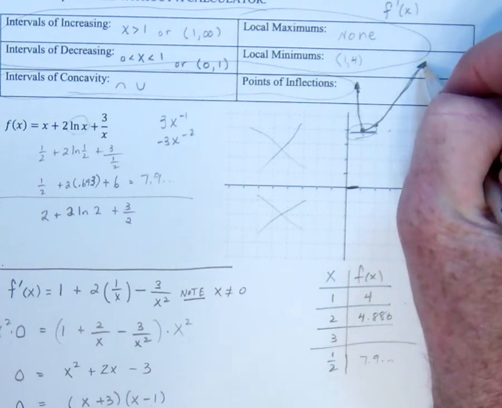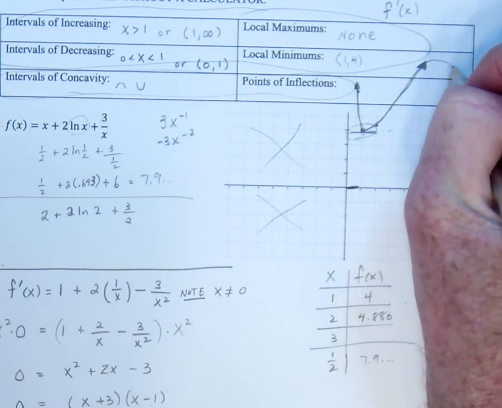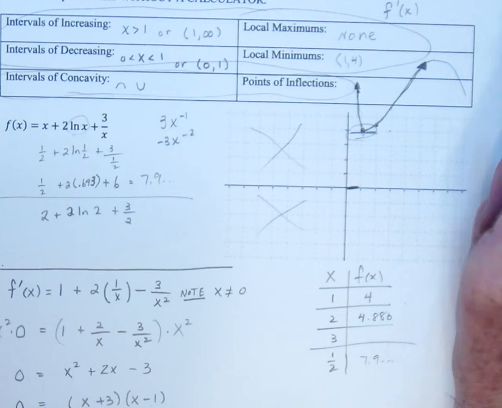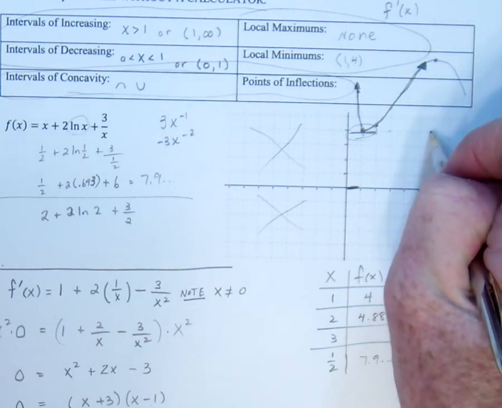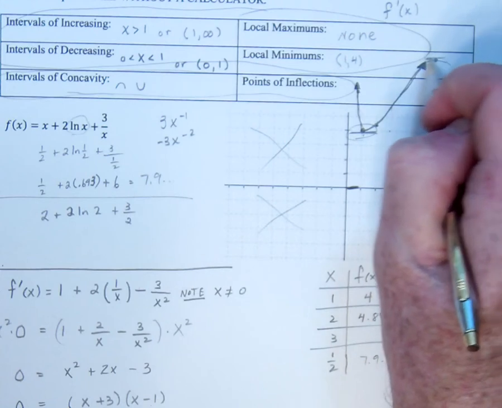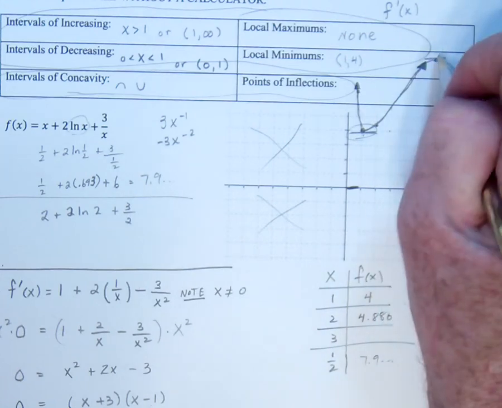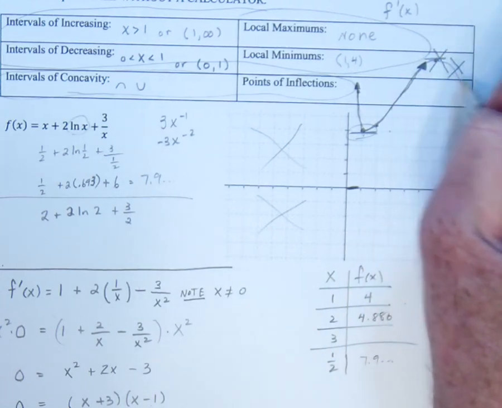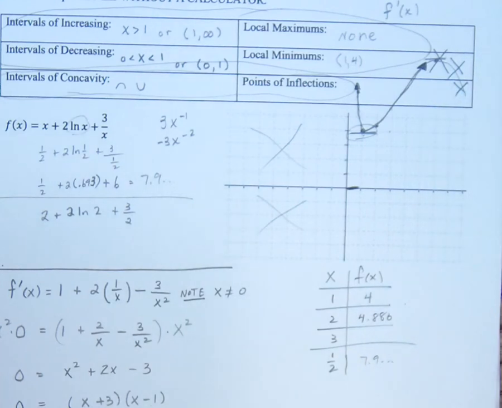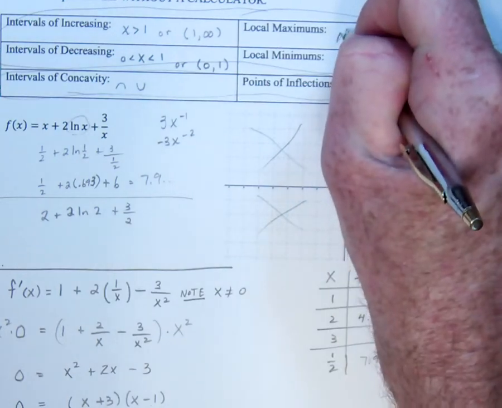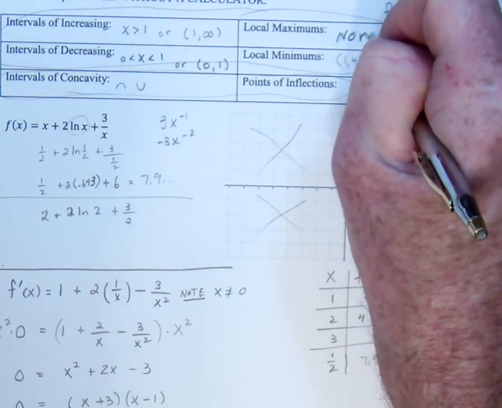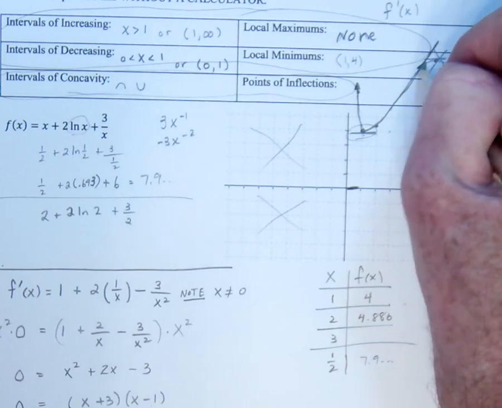But what it also verifies is that the graph doesn't go like this. Because if it did, right here at x equals 7 or something like that, the derivative would have to equal 0 if it's got a maximum. But we did not find the derivative equals 0 any place other than 1. That means local maximum, there's none. This part was correct. So it just keeps going up forever.